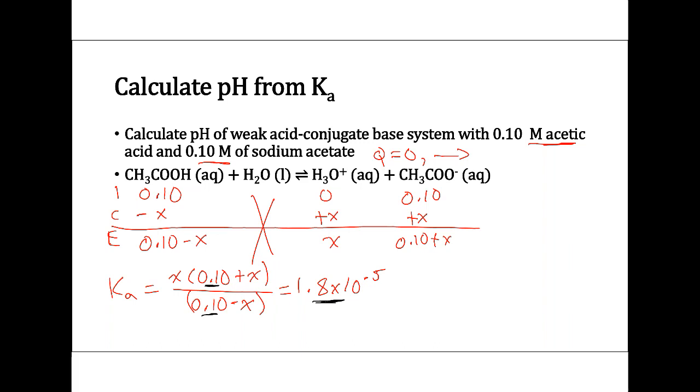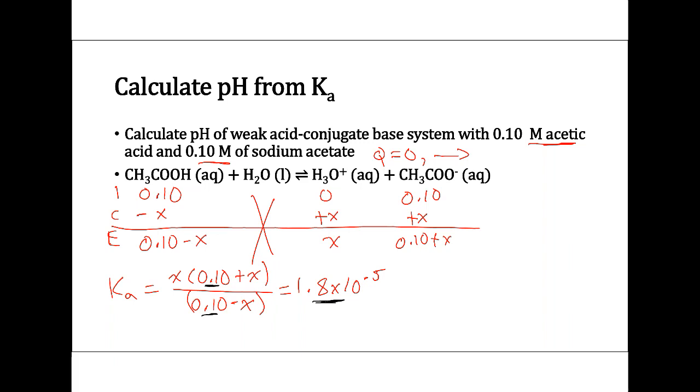Because once we go through and distribute, so multiply the denominator by 1.8 times 10 to the negative fifth, and then we have the numerator being 0.1x plus x squared, what we're going to see is that this x value is essentially going to be negligible compared to 0.10.